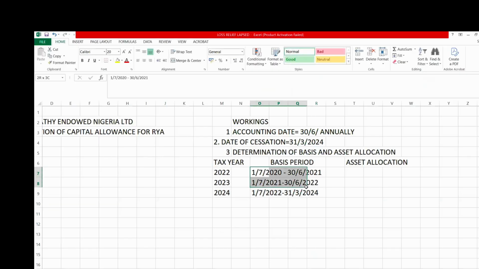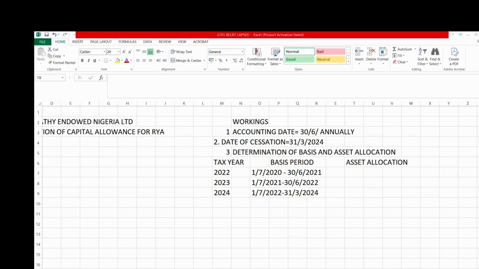In which of these 3 periods can we find 3/7/2021? Which year can we find that date? 2023? If you look at this 2023, we can find that date here. So that means that asset will be allocated to this year of assessment.